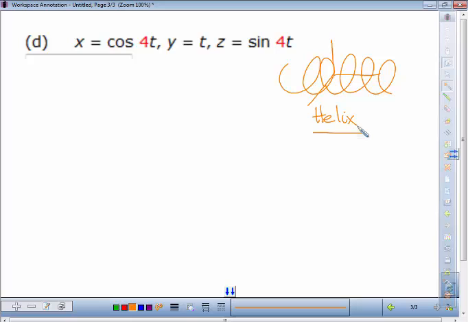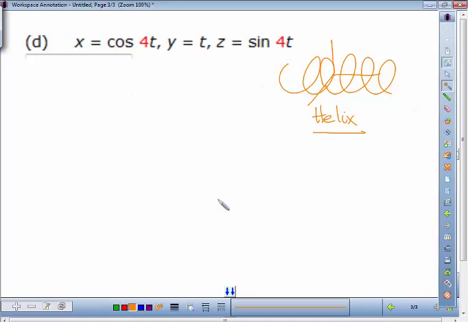So people may be interested in taking a look at this as a path of something. So you can imagine that this might be like a roller coaster or something like that. Actually, this is kind of going sideways, so it'd be like a loop roller coaster. So we can imagine that this is some sort of roller coaster path.